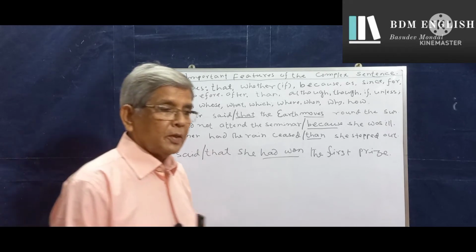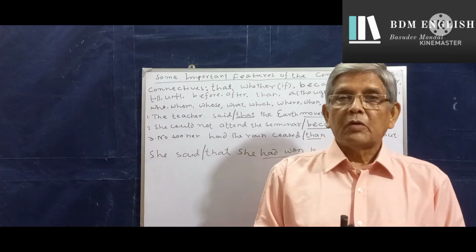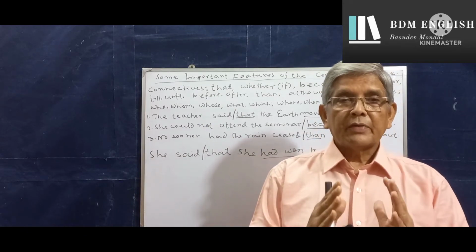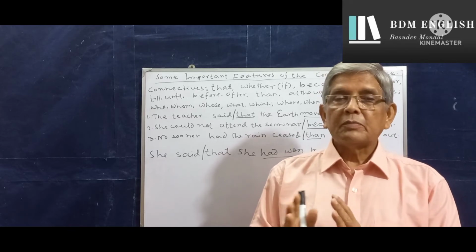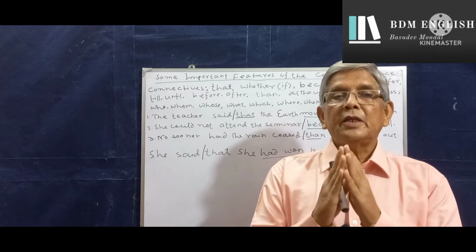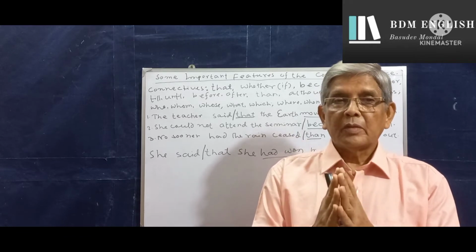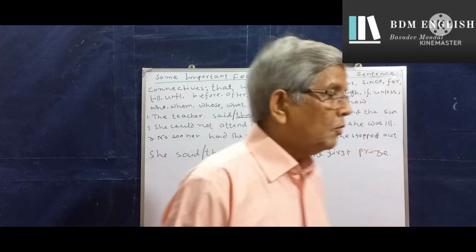My friend told me that his grandfather gets up early in the morning every day. My friend told is in the past tense, yet we use the simple present tense gets up because the habit is still prevailing. His grandfather still now gets up early in the morning.